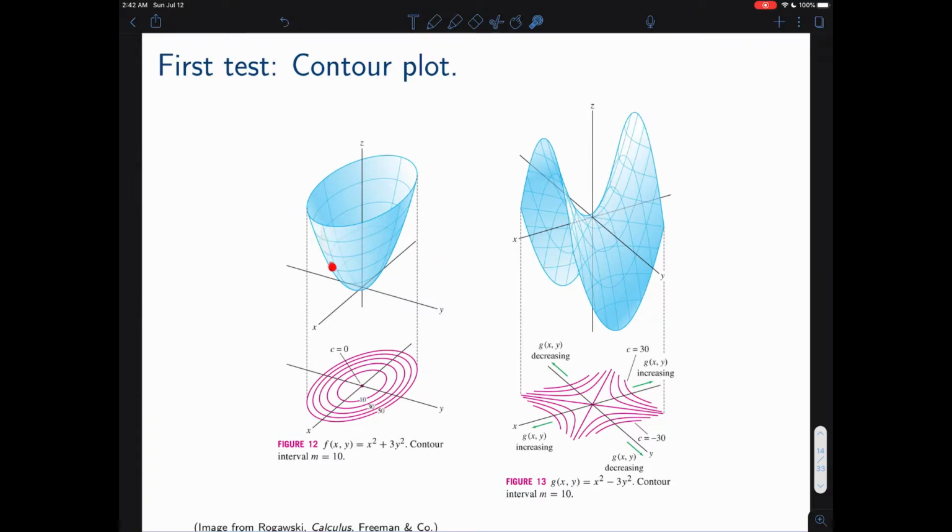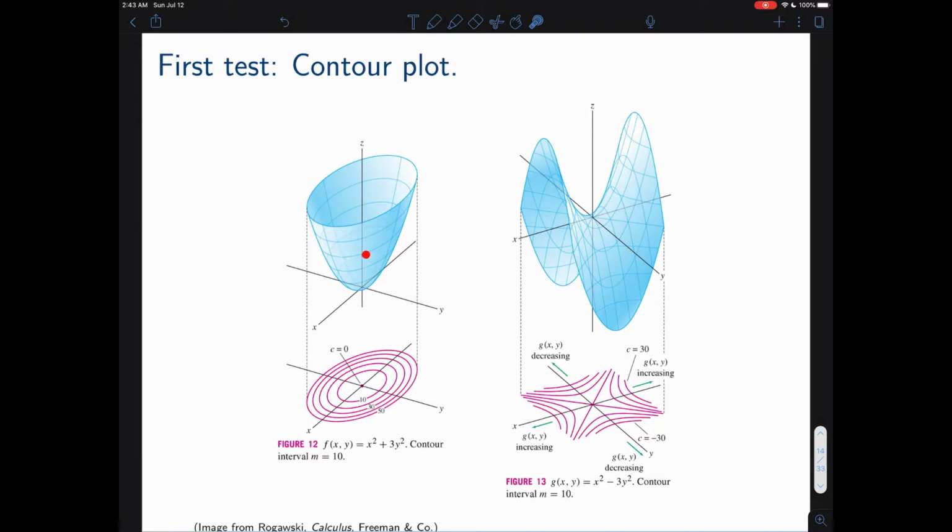If our graph has a, well, in this picture it's a local minimum, so the bottom of a valley, then that local minimum picture gets reflected in the contour plot that's here. Remember, a contour plot is where you cut horizontally across and see what the curves look like.